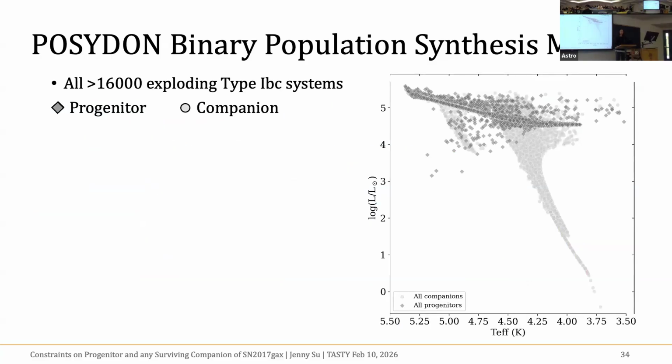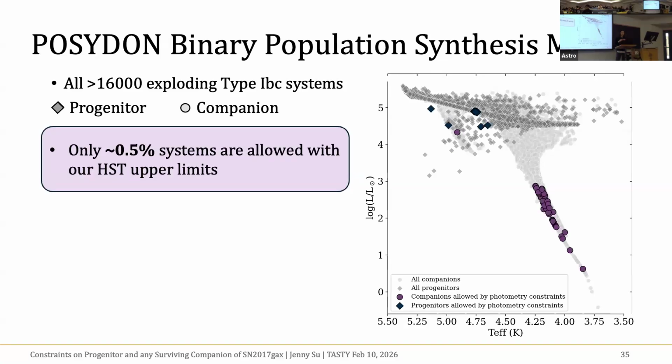Basically, we start off with over 16,000 possible systems that will explode as a type Ib supernova. Here, the dark gray are the progenitors, and their corresponding companions are colored lighter gray. After we implemented the HSD constraints, we found that only around 0.5% of those systems are allowed, and they're plotted with the dark blue diamonds, which are progenitors, and these are the companions.